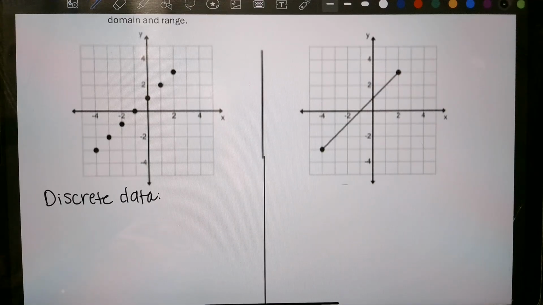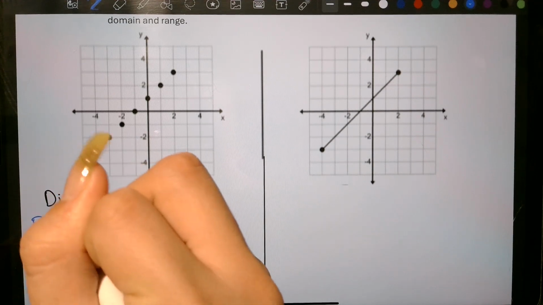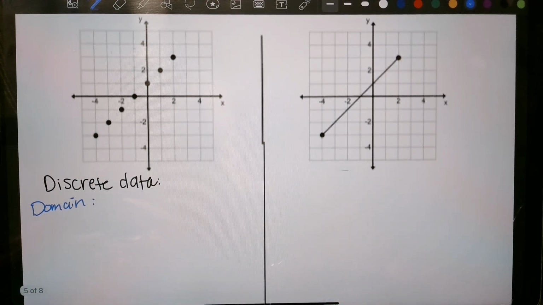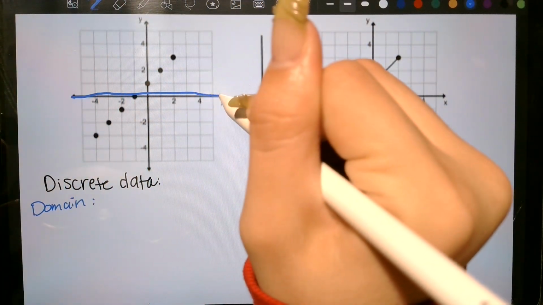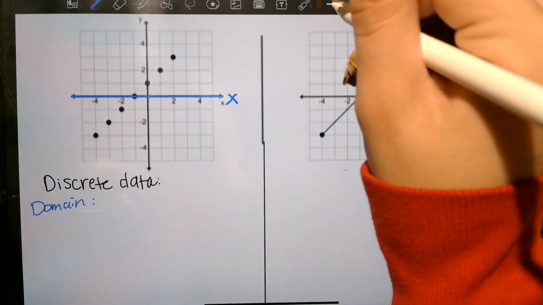For discrete data, let's go ahead and find the domain and range. So first we're going to find the domain. And like I said earlier, to find the domain, we have to look at the x-axis, okay? So let's look at our x-axis to figure this out.